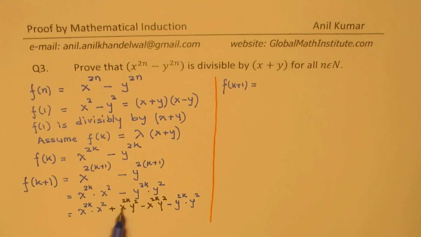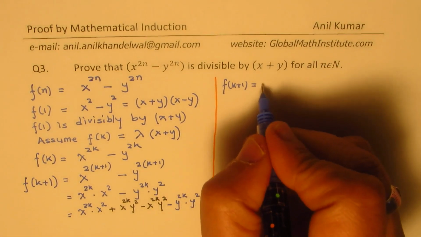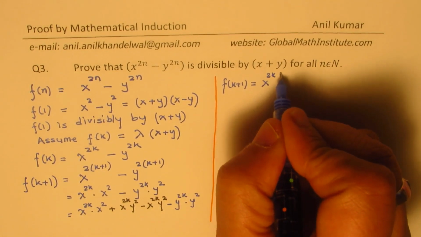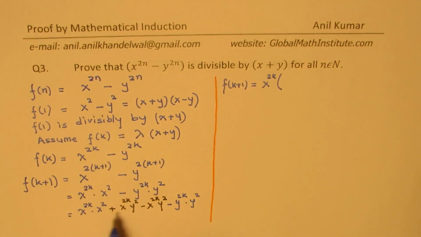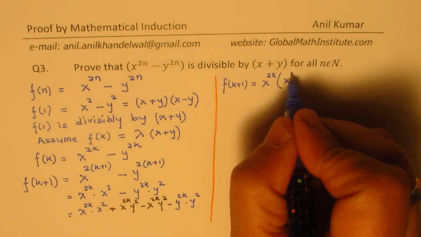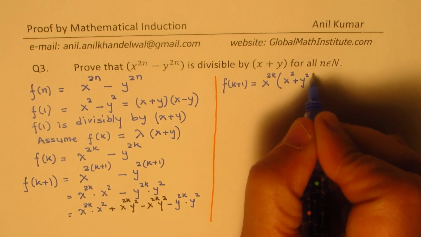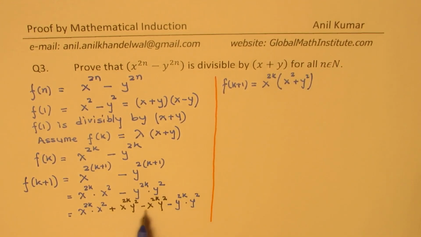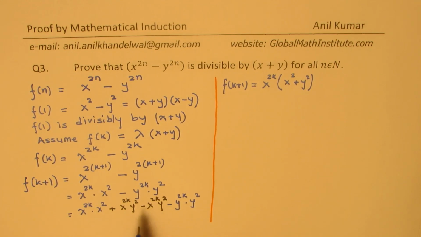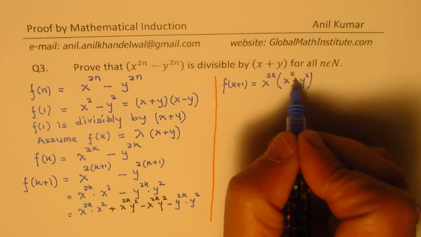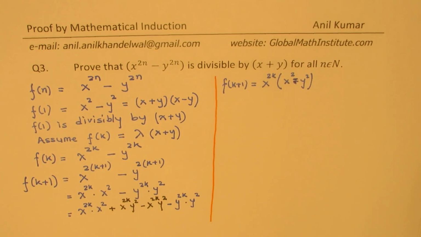Now here, x to the power of 2k is common, right? We get x to the power of 2k and we get x squared plus y squared. In fact, what we should do is we'll take the first and the third term.